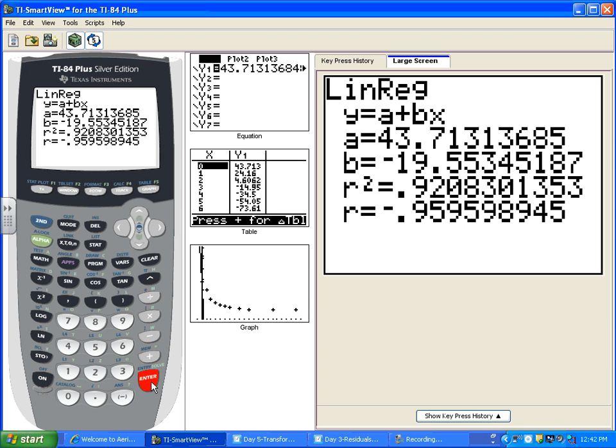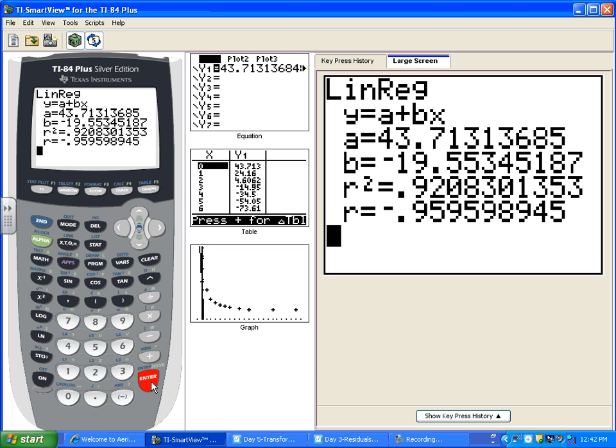But what do you notice about our new r values? Did my linear model get a lot better, didn't it? And I logged the x values. So let's look at that scatter plot. What do I need to do?